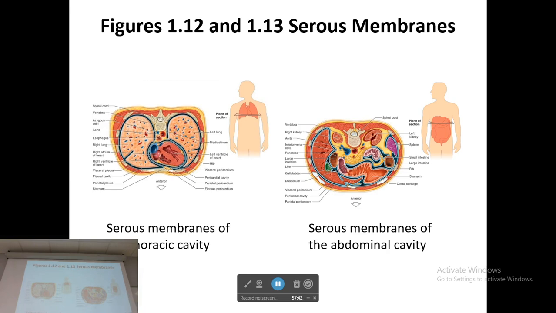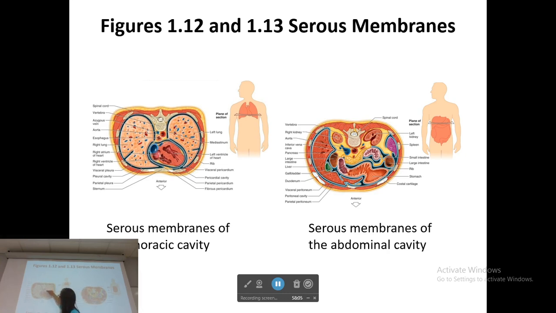Okay, and here you can see different sections and different views where this cross section here. It's a plain section where you're looking at part of the lungs and the heart, and you can see the cavities around the lungs.